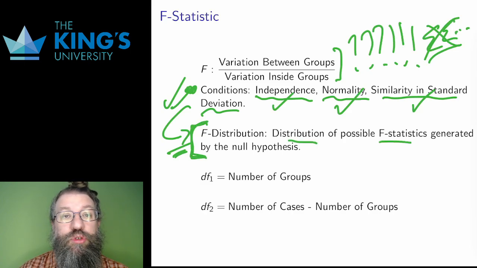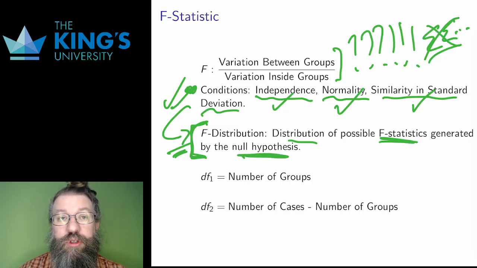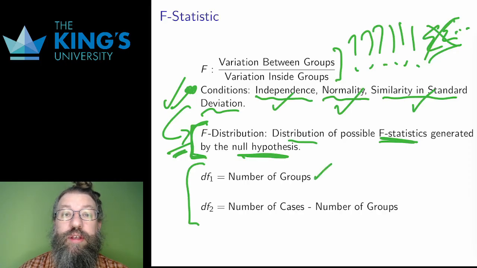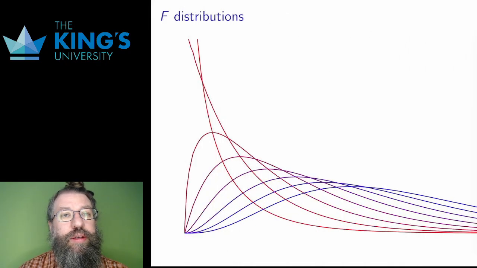It is the distribution of randomly generated F statistics under the assumption of the null hypothesis. Like chi-squared and t-distributions, it has degrees of freedom parameters. And now there are two such parameters. One is the number of groups minus one, and the other is the number of total cases minus the number of groups.